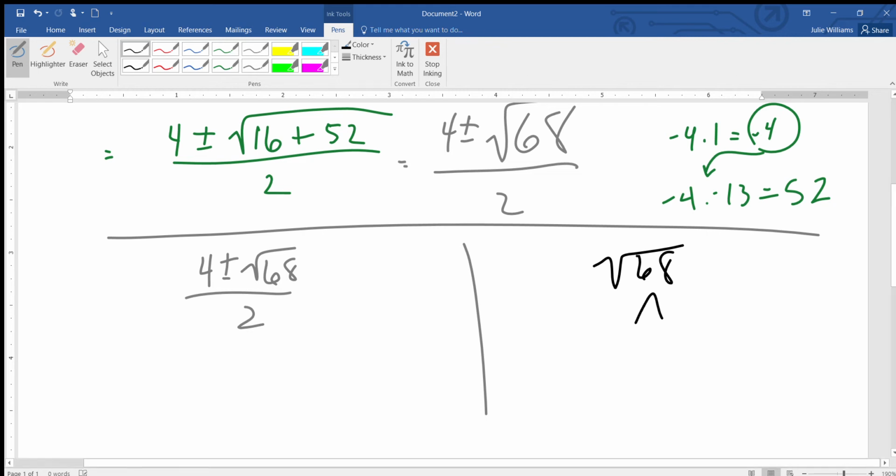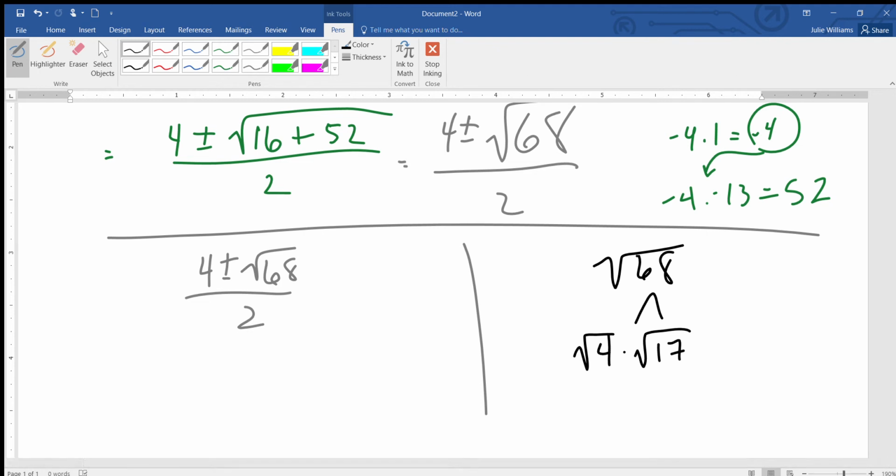So the square root of 68 is the same thing as the square root of 4 times the square root of 17. Same thing. Well then we know what the square root of 4 is. We know that that is plus or minus 2. Now it's times, and when it's written next to it, it's just like a variable. It means multiplication.